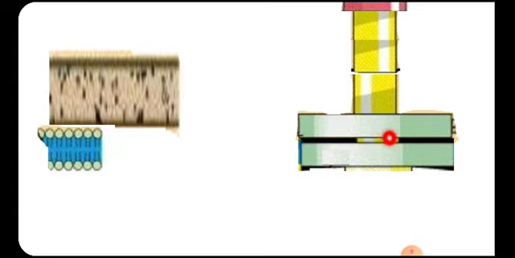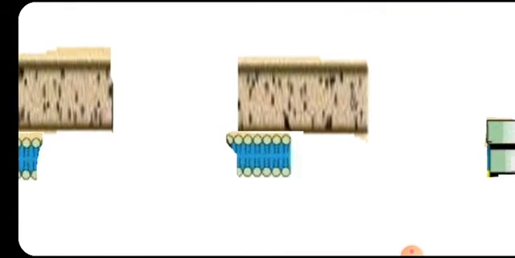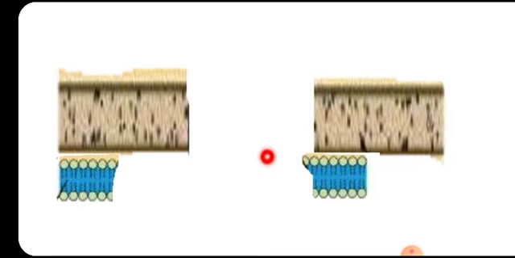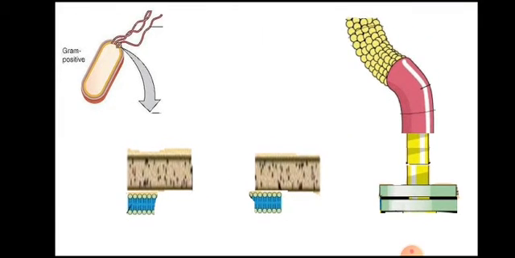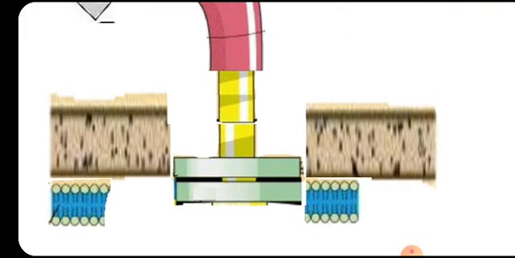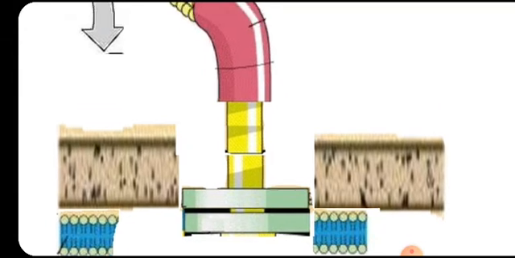These two rings are present in this portion of cell wall of gram-positive bacterium like this. We can see this is the position of flagellum in the cell wall of gram-positive bacterium.